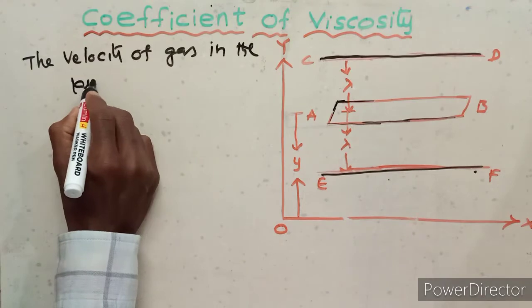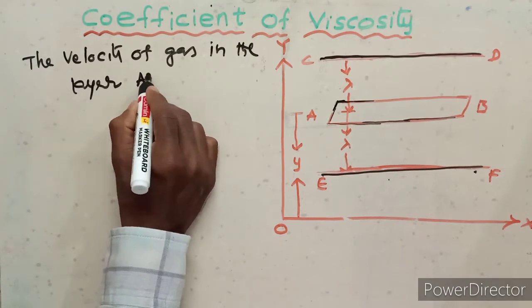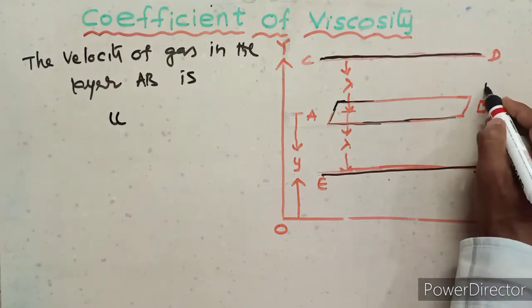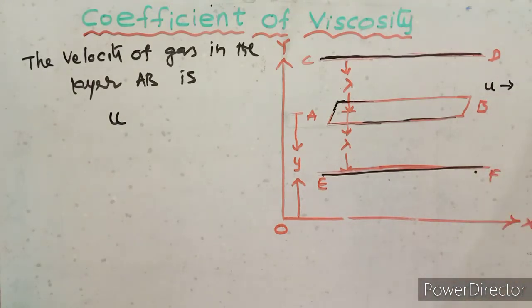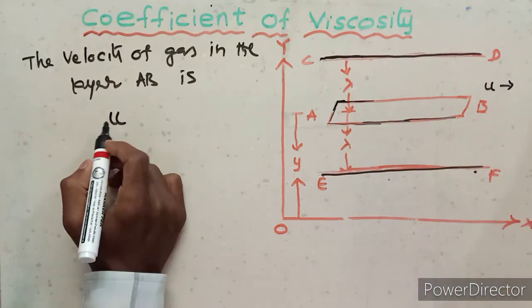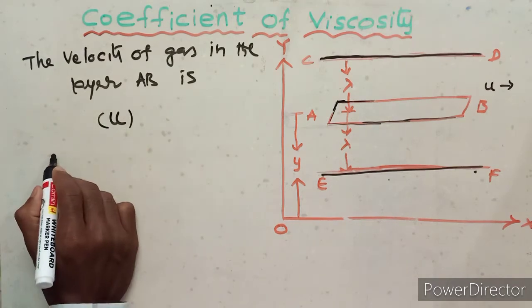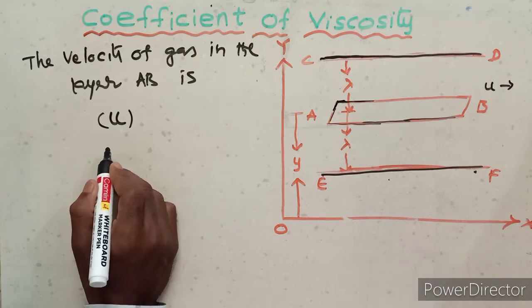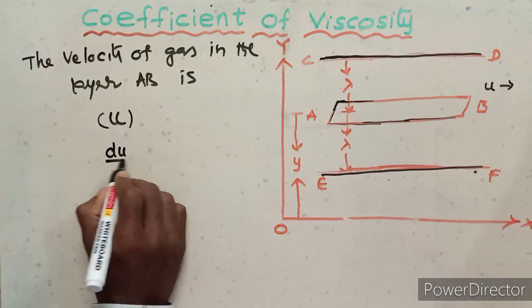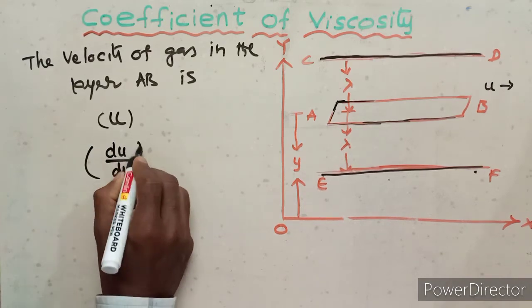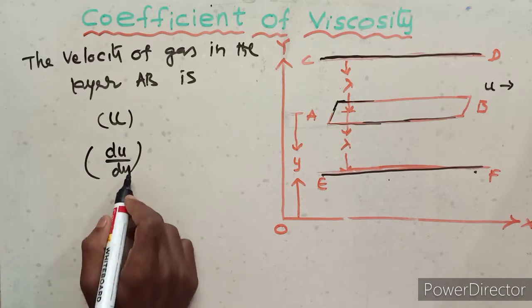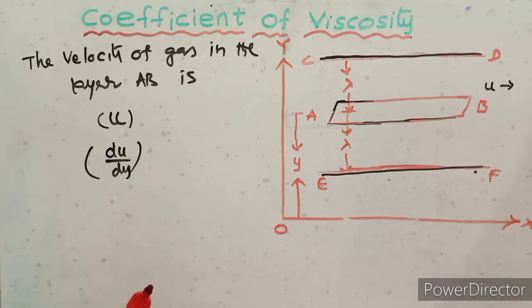So here the velocity of gas in the layer AB is u. Okay, this is the velocity. The velocity gradient is equal to du upon dy.